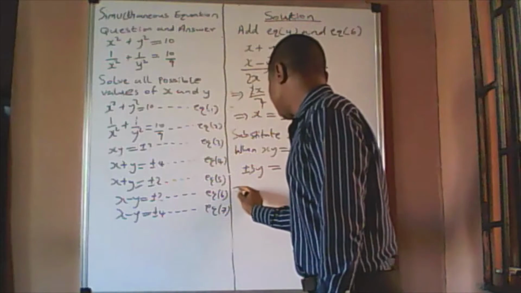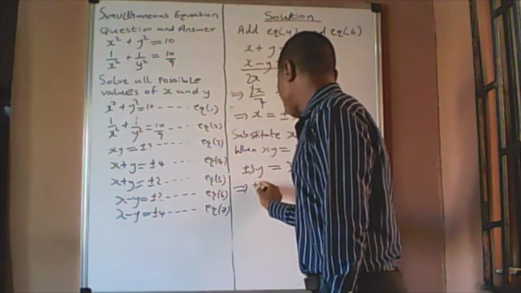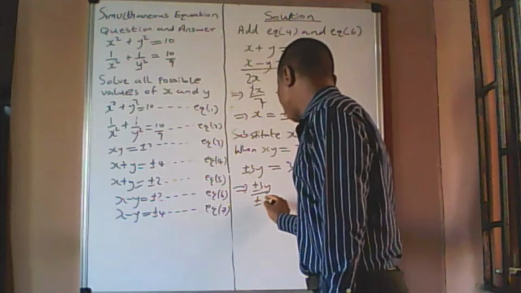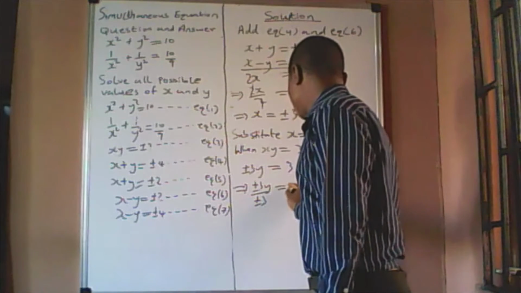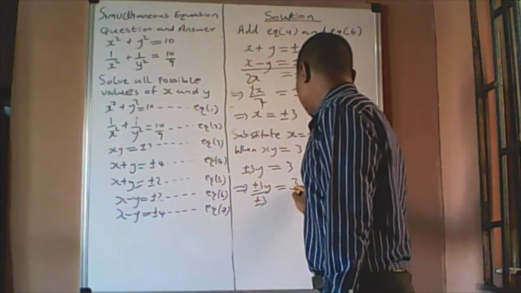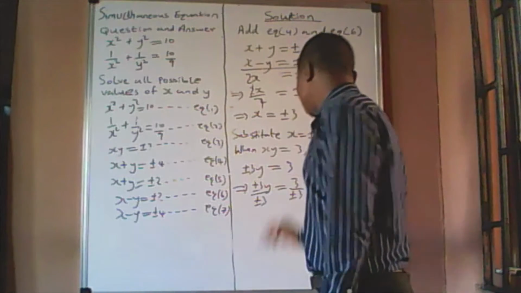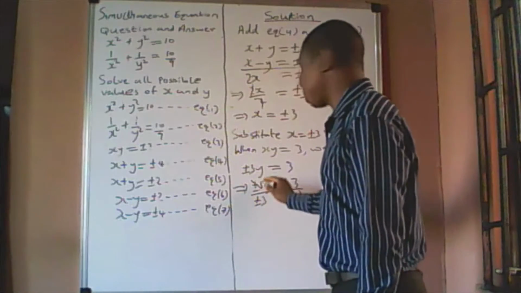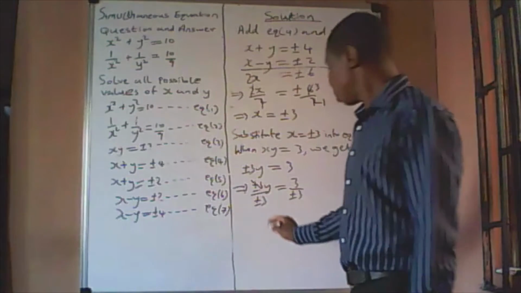We get plus or minus 3y divided by plus or minus 3 equal to 3 over plus or minus 3.